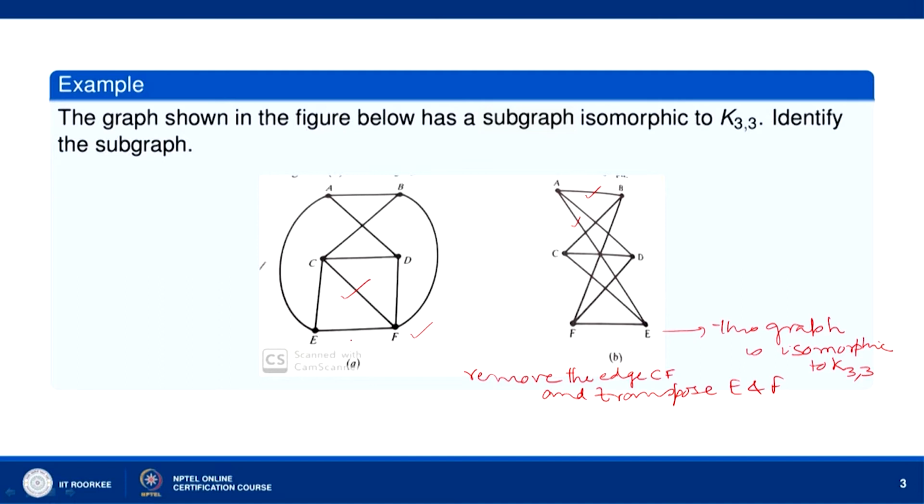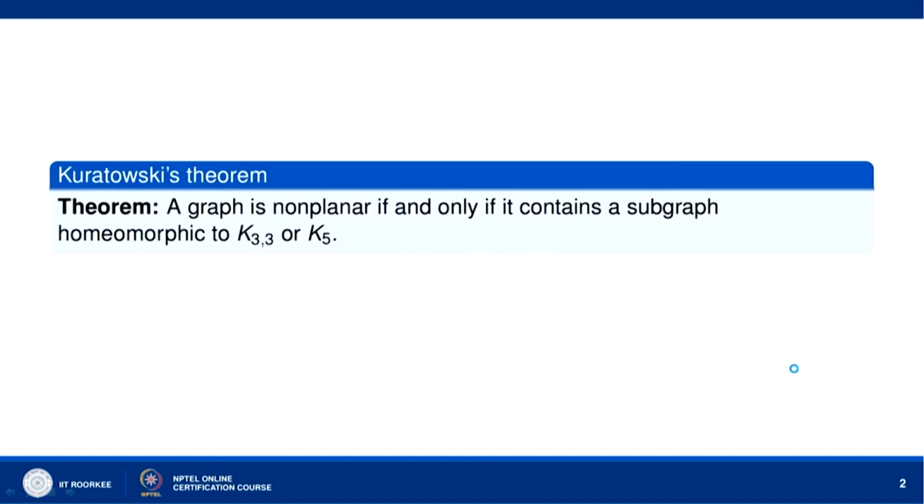So, the given graph has a subgraph which is isomorphic to K3,3, and therefore, the given graph has a subgraph which is homeomorphic to K3,3. By Kuratowski's theorem, K3,3 is a non-planar graph, and so it contains a subgraph which is homeomorphic to K3,3 or K5.